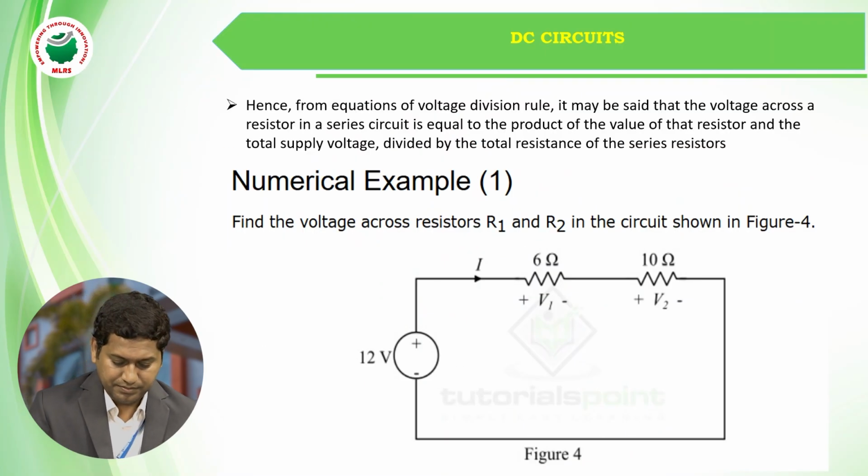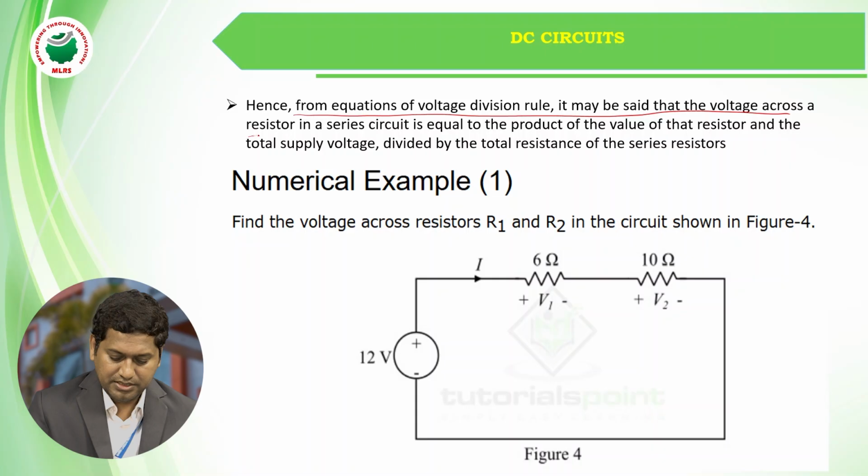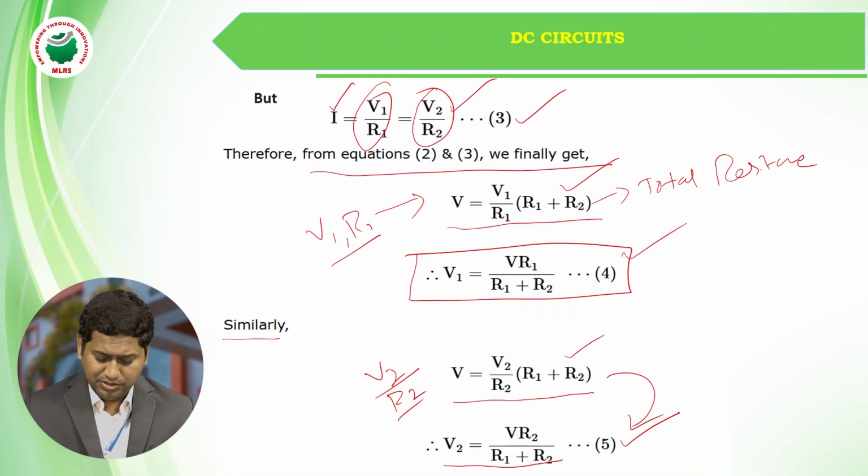So hence, from the equations, I can say that the voltage across a resistor in the series circuit is equal to the product of the value of the resistor and the total supply voltage, divided by the total resistance of the series resistors. So let us go with justification of the sentence from the previous slide.